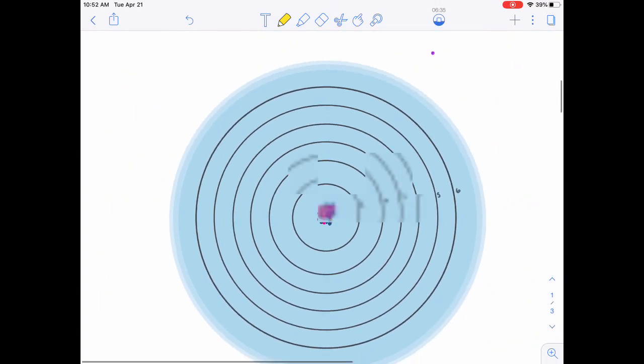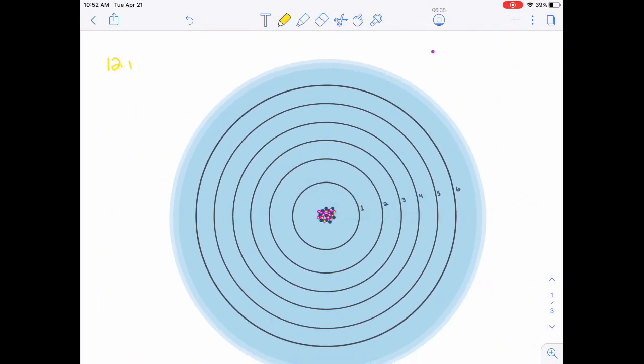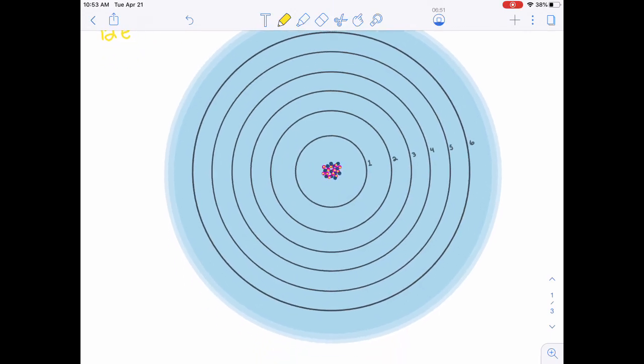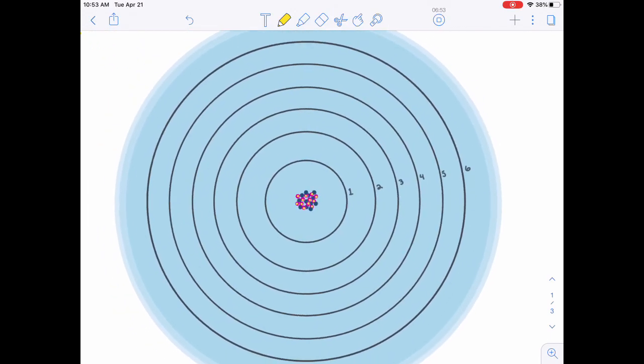So 12 protons, which tells us that this is an atom of magnesium. And if it has 12 protons, it also has 12 electrons because the positive charge equals the negative charge.